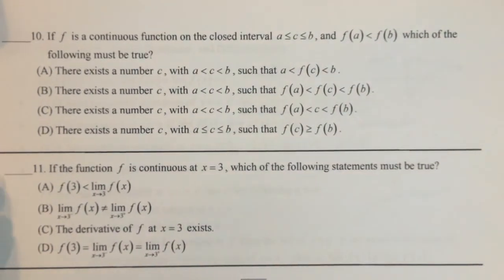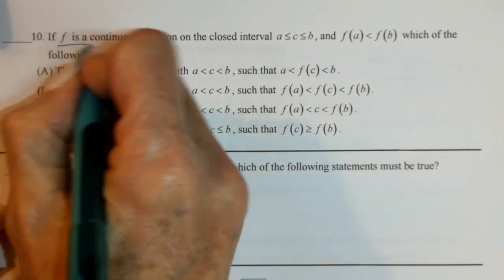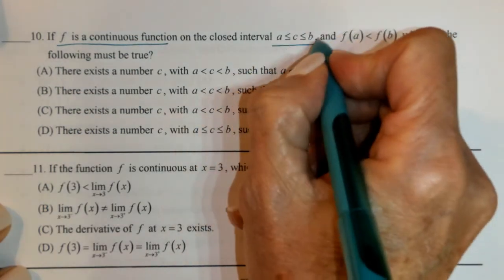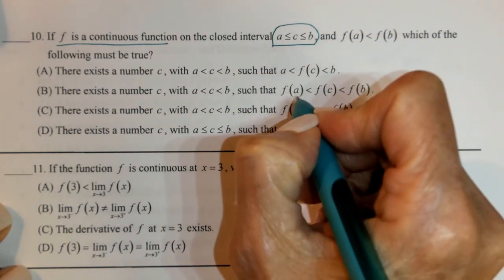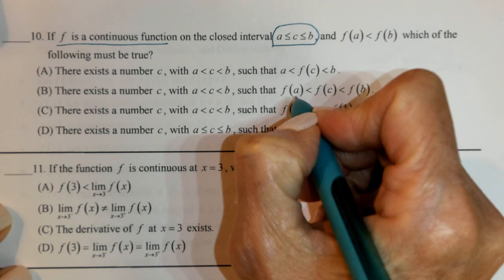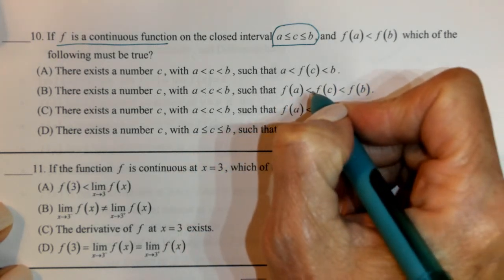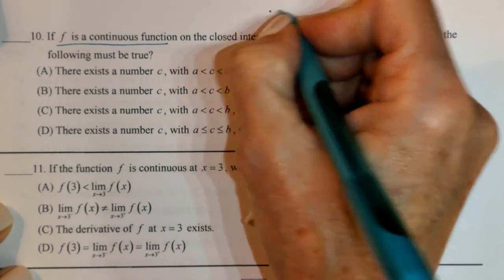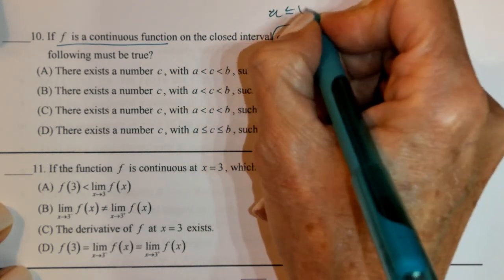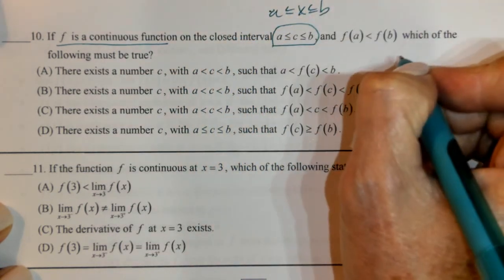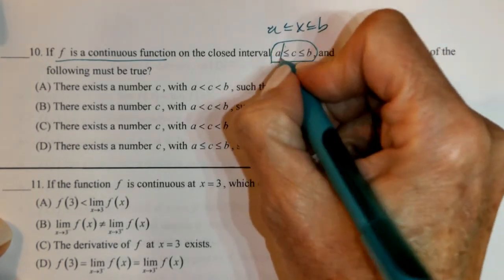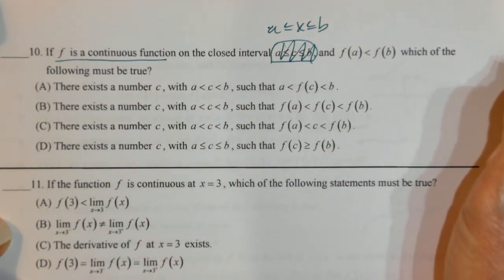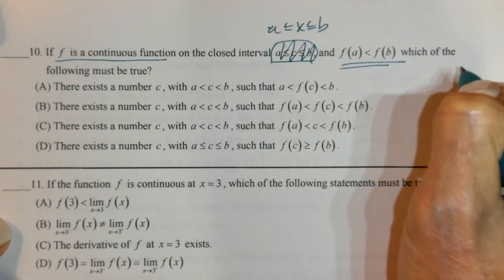Number 10, if f is continuous on the closed interval, oh, this is written a little bit wrong. I need to fix this. But anyway, on the closed interval in between A and B. Okay, and this is true.